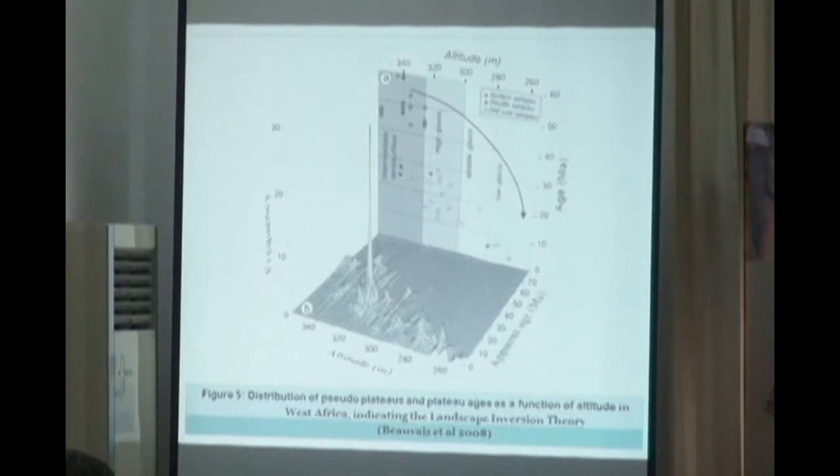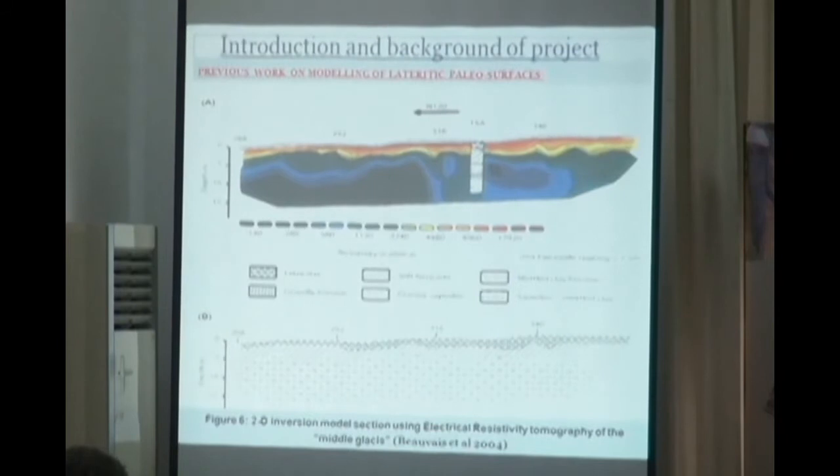So this is just a plot showing you the different heights and the ages that are present within the project area. A quick schematic of electrical resistivity of the area shows the various depths and how we can identify it.